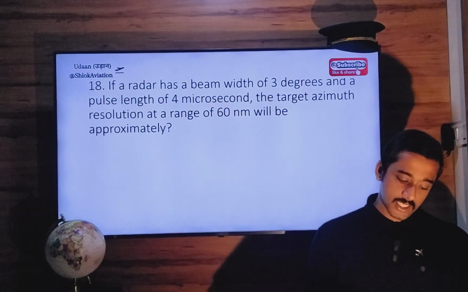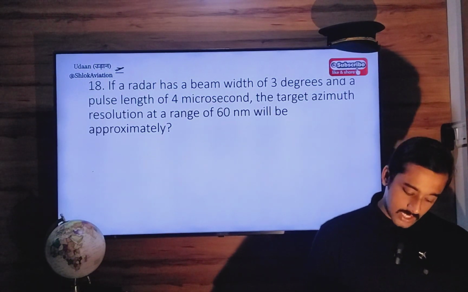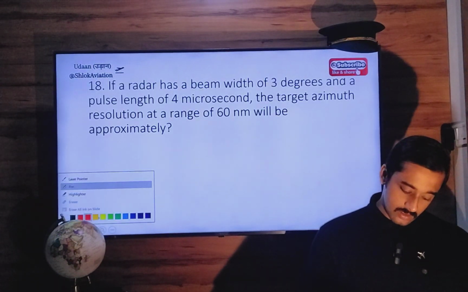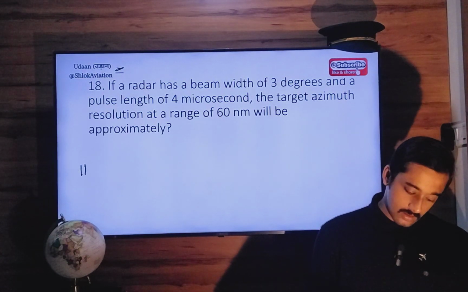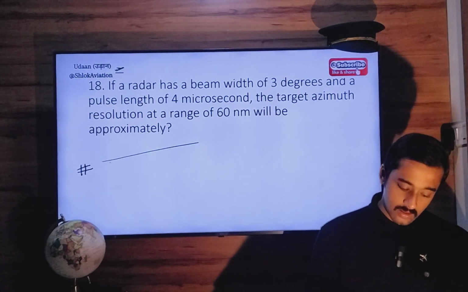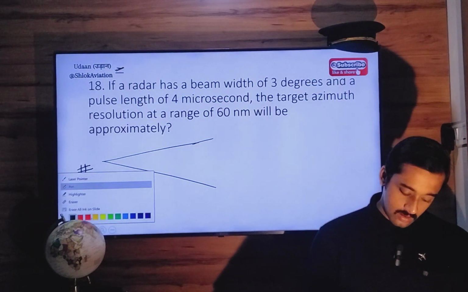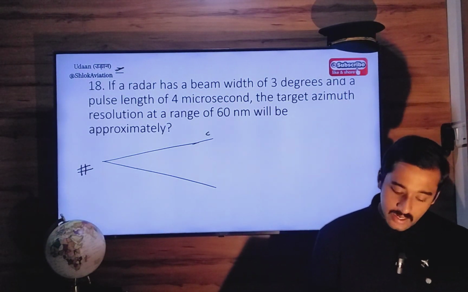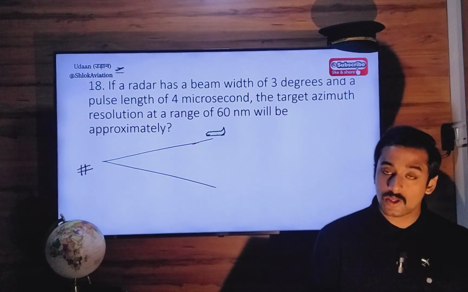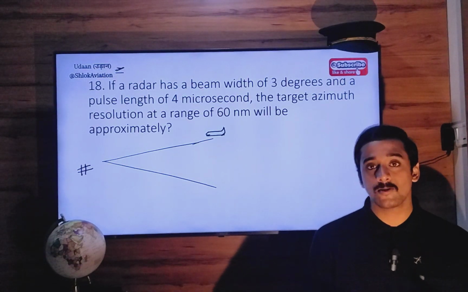So again, a 1 in 60 rule based sum. Here is a transmitter. There is one aircraft here. The azimuth resolution depends on beam width.